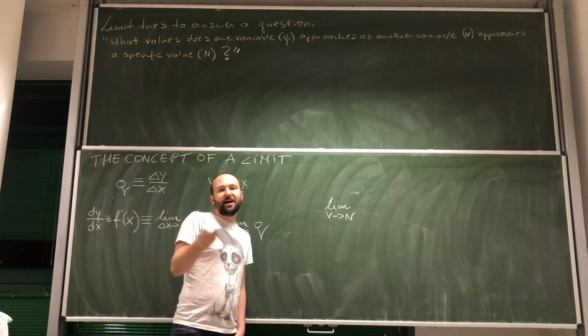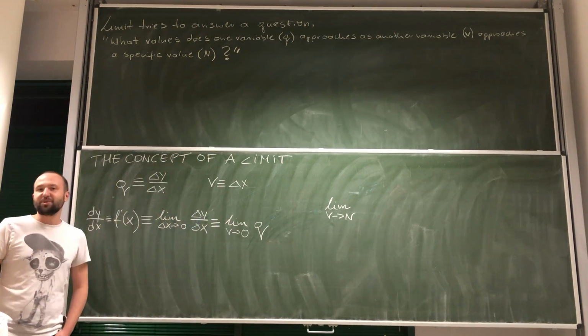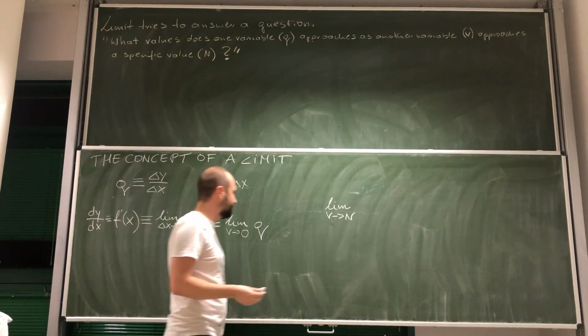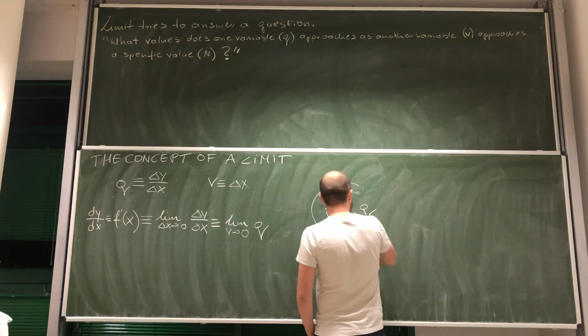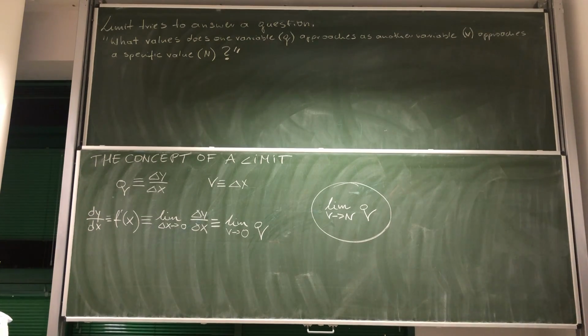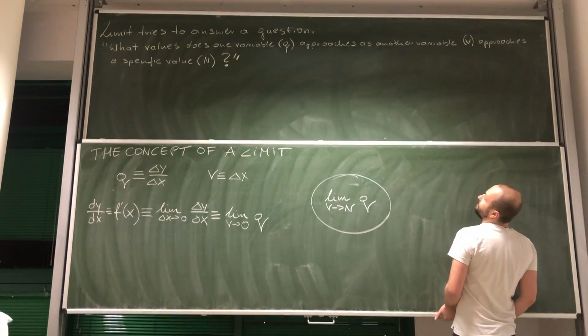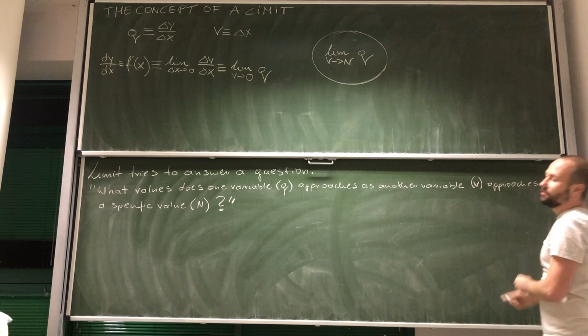As you will see, actually the limits that we calculate the most often are associated with either infinity or negative infinity of q. And this is the expression that we're going to be dealing with for now.